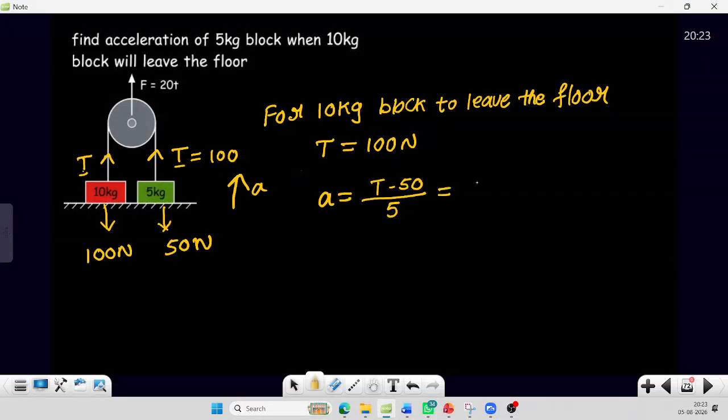The T value is 100, so (100 minus 50) by 5. So A is equal to 50 by 5, that is 10 meter per second square. Understood now?